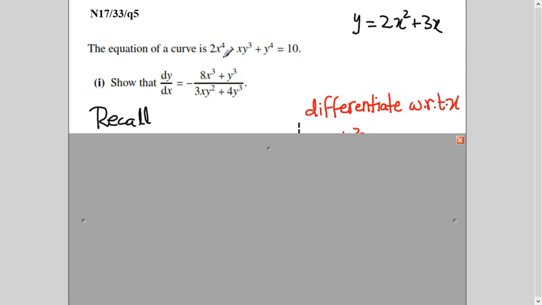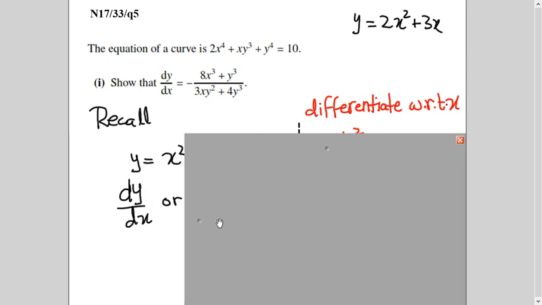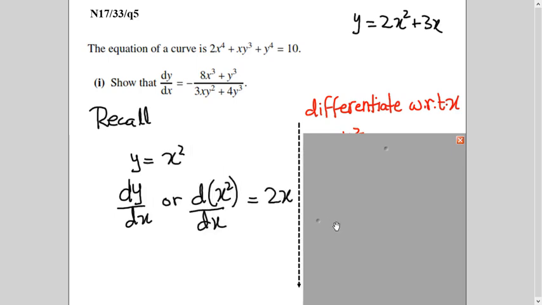Now, if you have to differentiate it and find dy over dx, how do you do it? This is what you have to show, that the differentiation of this equation with respect to x will be this. So let's recall a few things first. When the question is given to you, y equals x squared, and you have to differentiate it, it means you have to find dy over dx.